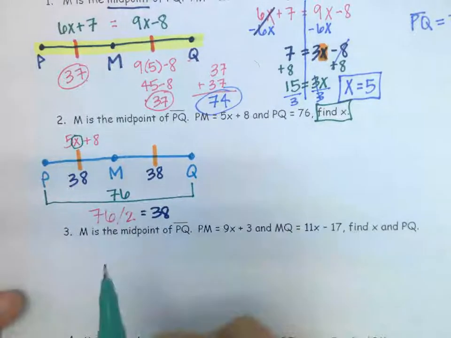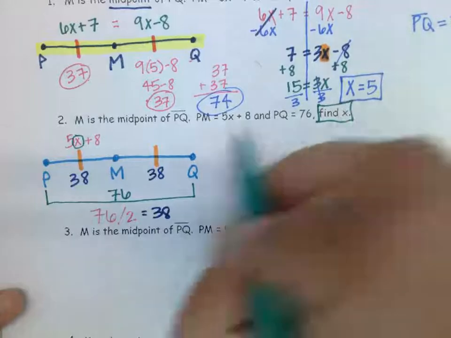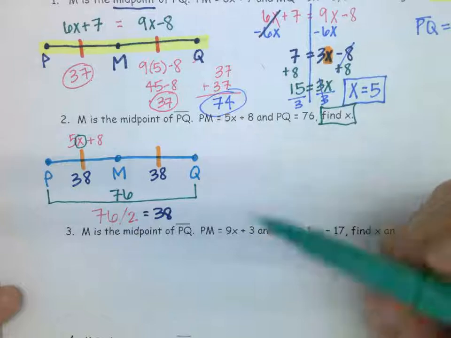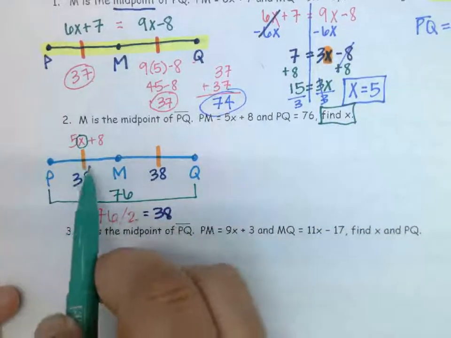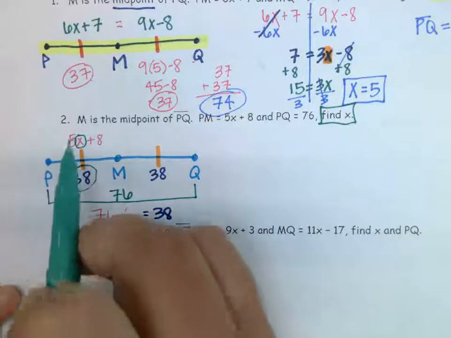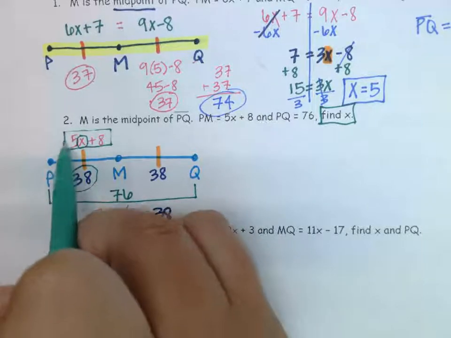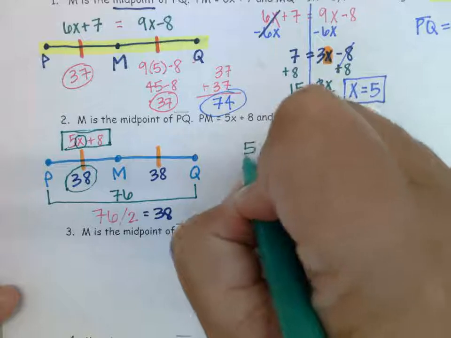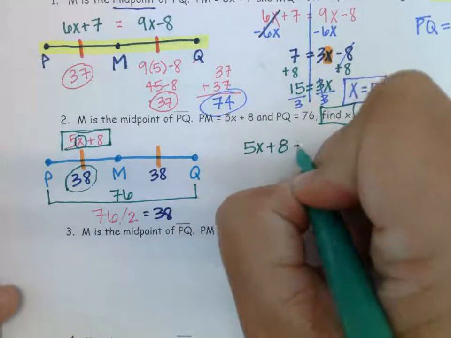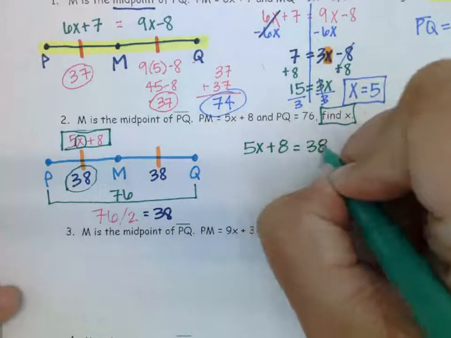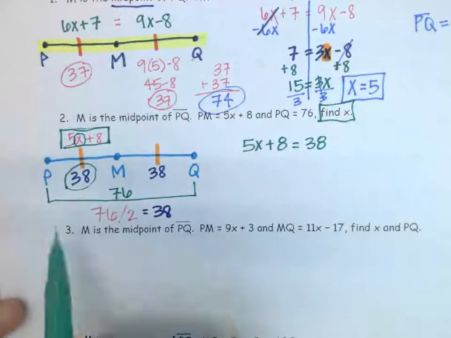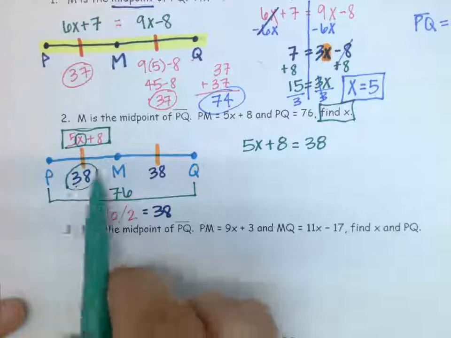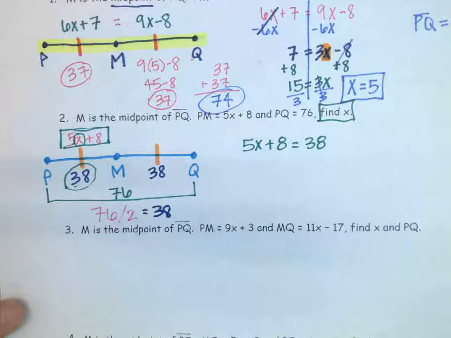Cool. Now, it asks us to find what x is, not what the actual length of the segment is. So, we know that it's 38, and we know that it gives us this expression. So, we're going to say 5x plus 8 equals 38. Because we know that this expression is for PM and that PM is equal to 38. So we're going to go ahead and solve.